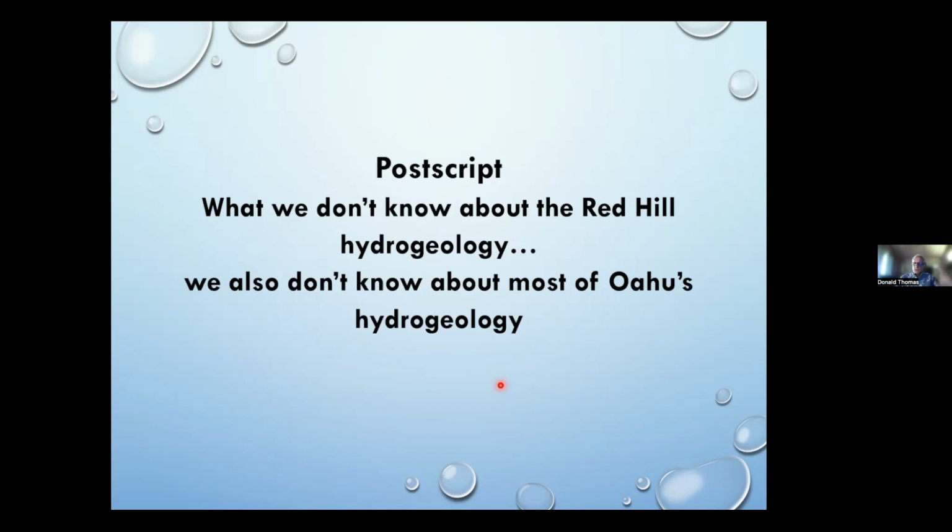We hope that the work that we're going to do here will serve as a template and a stimulus to expand our efforts to better understand how contaminants do move within the basalt formations here on Oahu, and what we can do to minimize the risks to our really vital drinking water resources on the island.